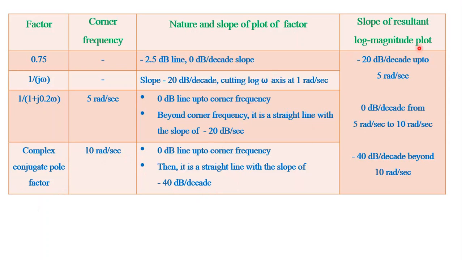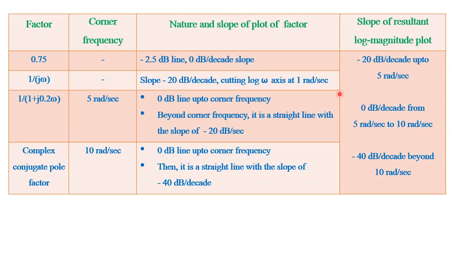Therefore, when we are drawing the resultant log magnitude plot, when we start at 0.1 radian per second, we should start at a slope of minus 20 dB per decade up to 5 radian per second, because that is the first corner frequency. So initially these two slopes will be added together, minus 20 dB per decade.